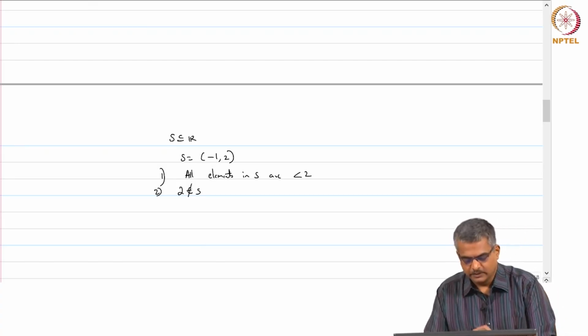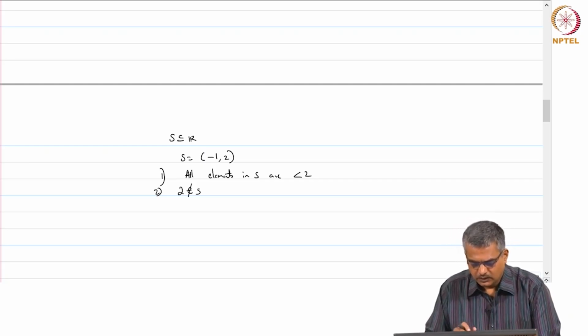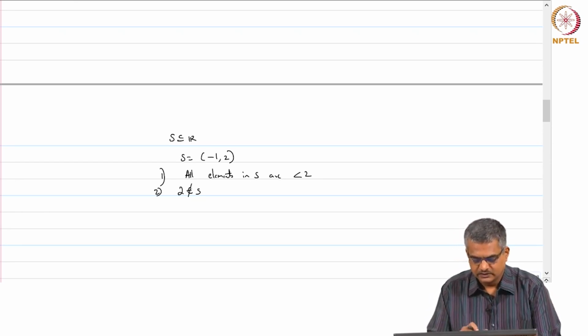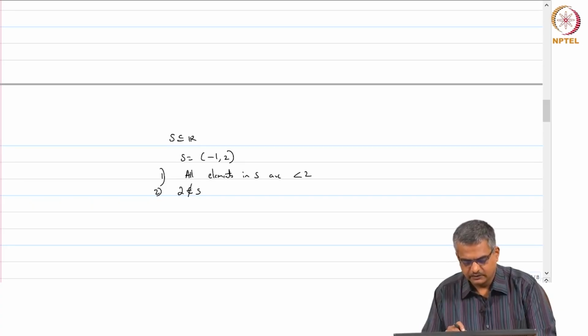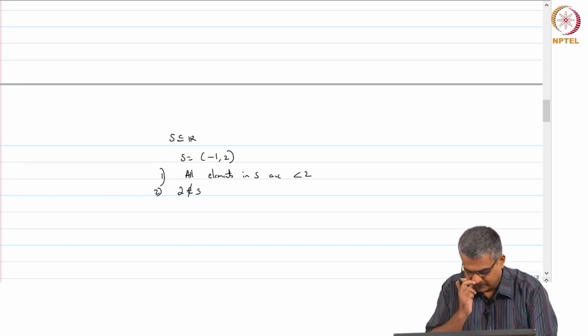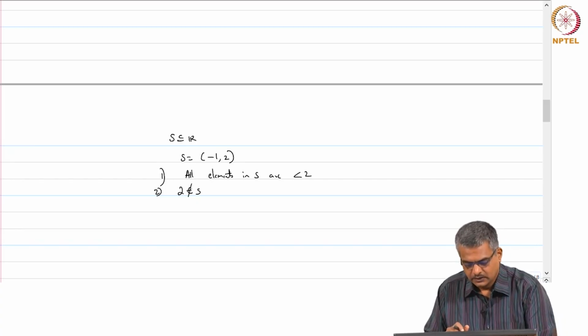Same thing can be said about the number -1, right. So, there is no number, right, which is lesser than -1, right.